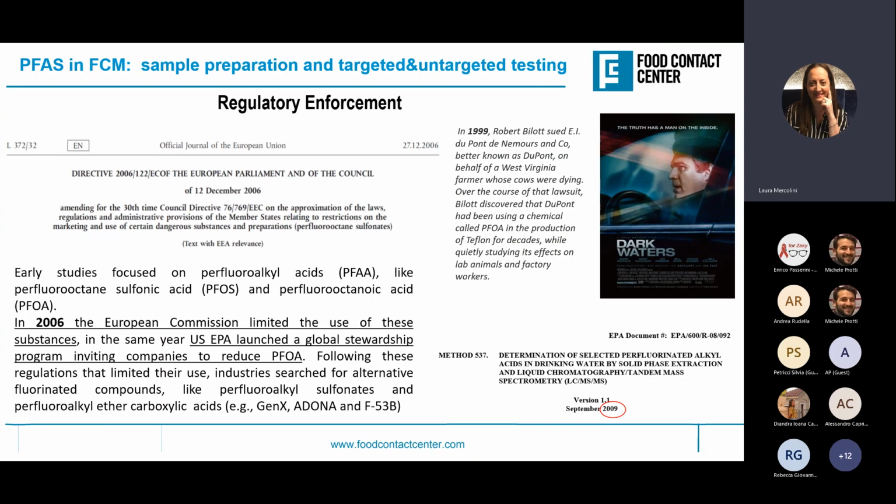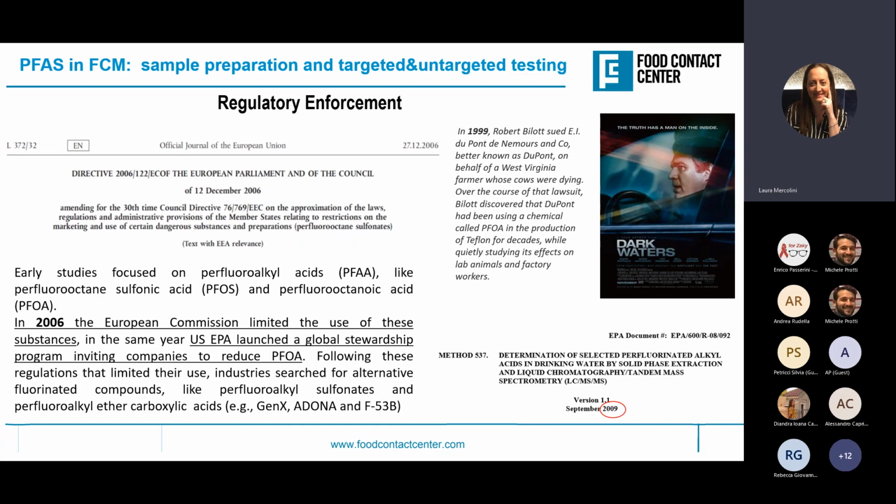It's very, very interesting because it tells the whole history of what happened in that specific place where DuPont was producing, and there was a lot of sickness in animals and also in people.